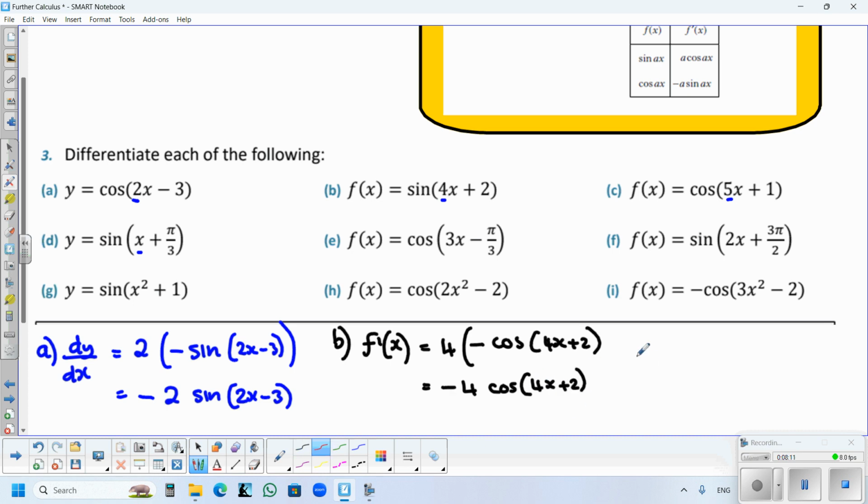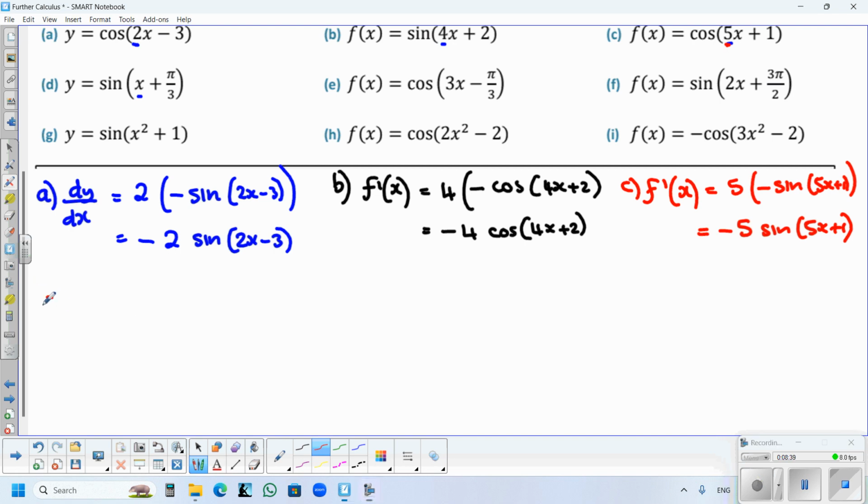Next one, part C. I've got a 5 in front of the x, so f dash x becomes 5 times, and the derivative of cos is minus sine, so it's minus sine, and the angle is 5x plus 1. So that equals minus 5 sine 5x plus 1.